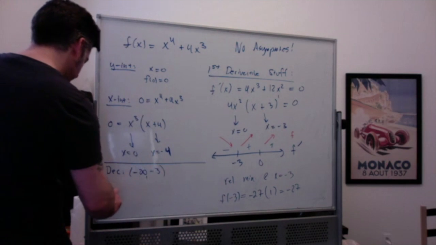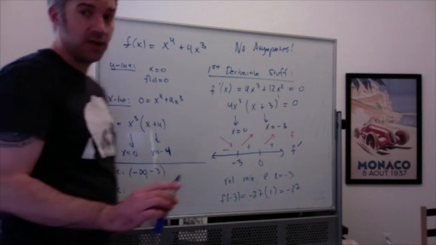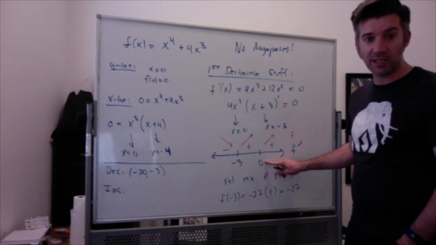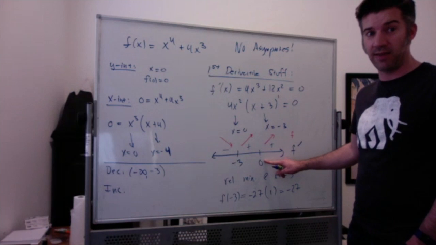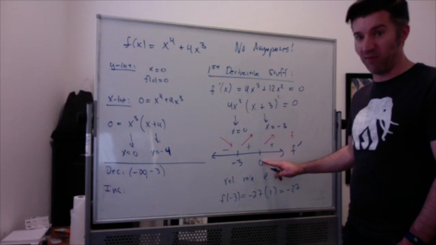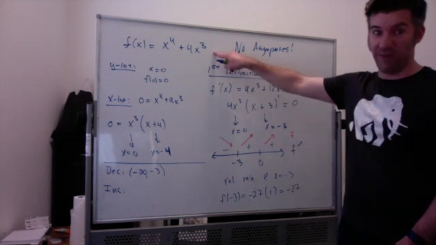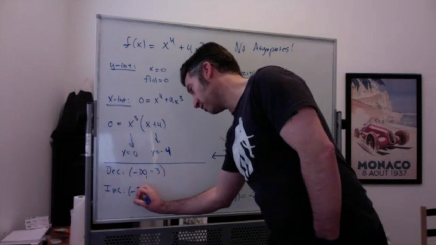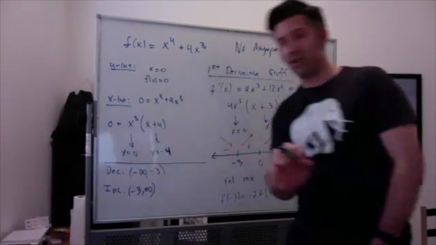And it's increasing. Now, we exclude the point if the function's undefined there. We include the point if the function's defined there. This function's defined everywhere, so we definitely include that. So it's increasing on the interval from -3 to infinity.